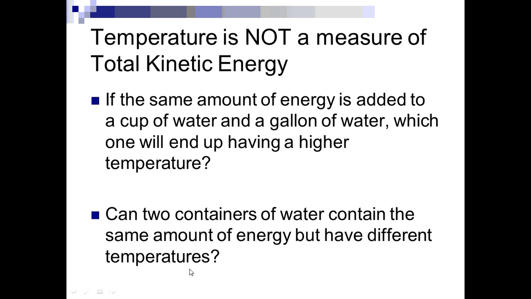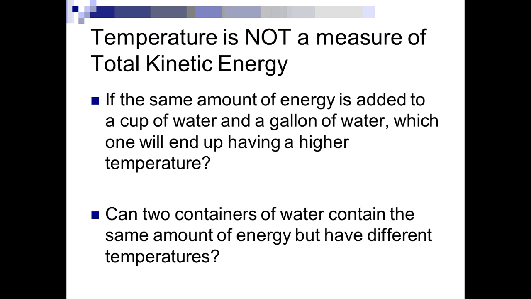So let's say you have a total of 100. If you only have 10 particles, then it's that total divided by 10. So 100 divided by 10 gives you 10. If instead you have a larger container that has 100 particles, then you have your total, which is 100, divided by 100 particles now, which gives you 1.